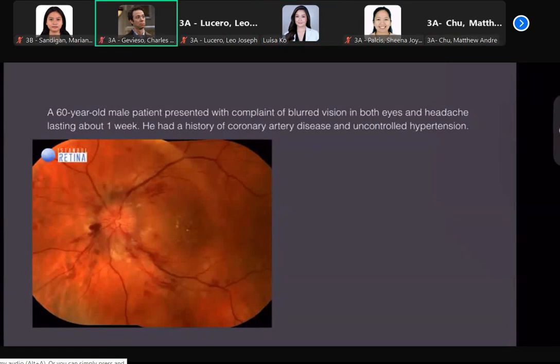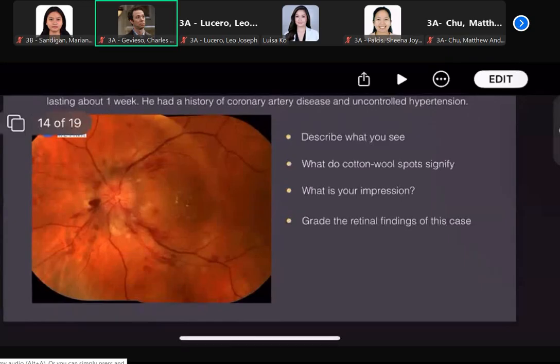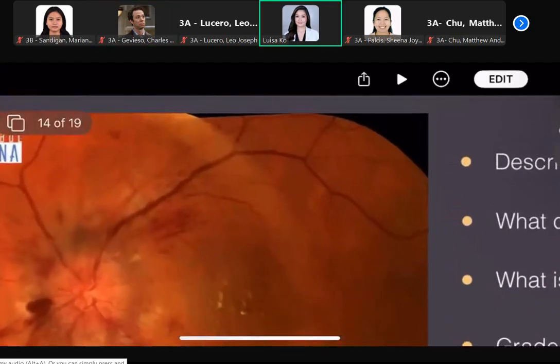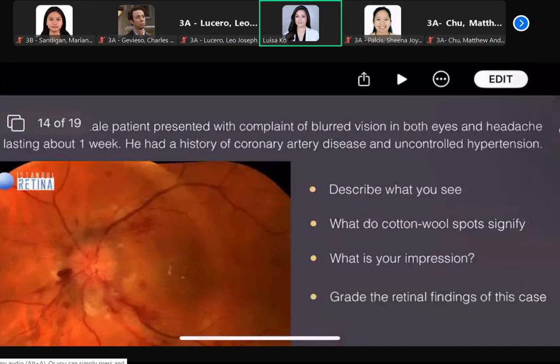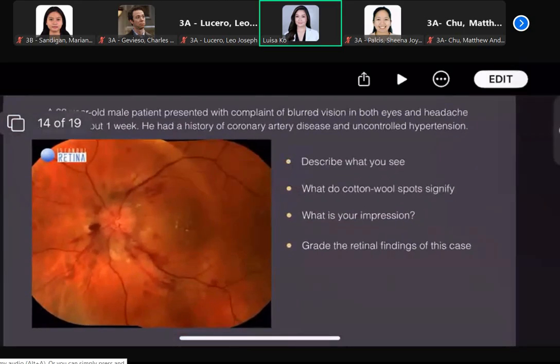Yes, Doc. Okay, so I agree with you. There is an imbalance in the AV ratio already. So you will see narrowing in the arterioles and widening, or engorgement, of the veins.